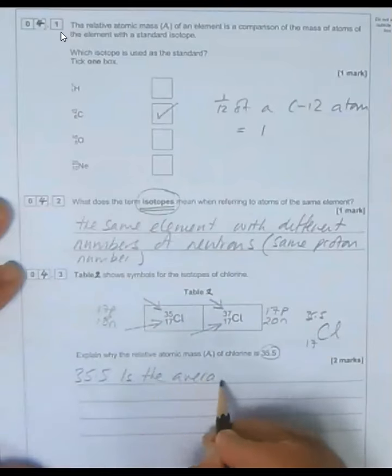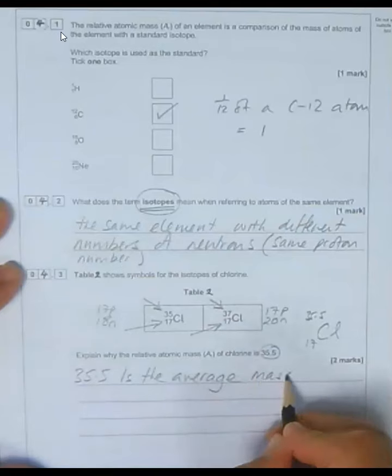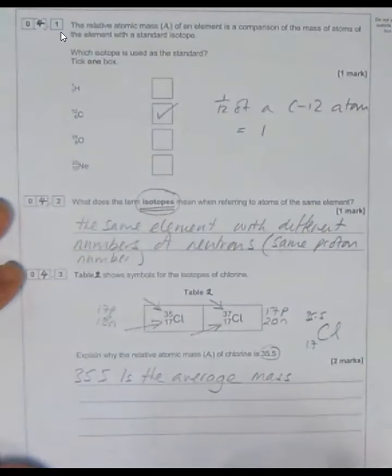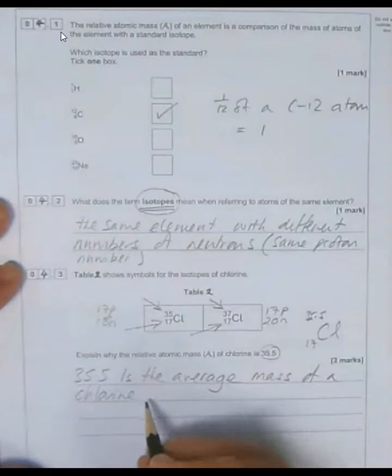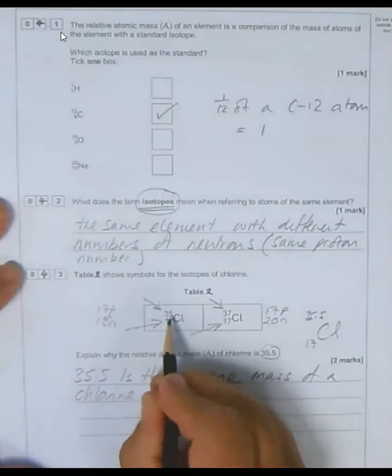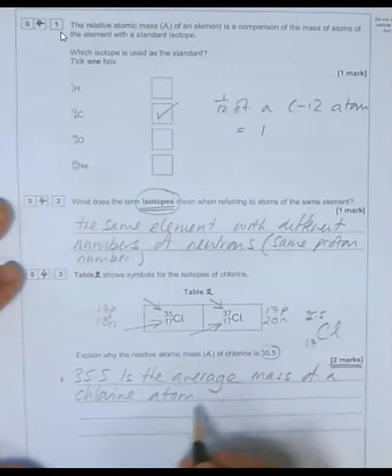If I added all the chlorine together in the world, the average mass of a chlorine atom is 35.5. Now, because that number is closer to 35 than 37, that gives us our second point to make. We've got 2 marks here, look.